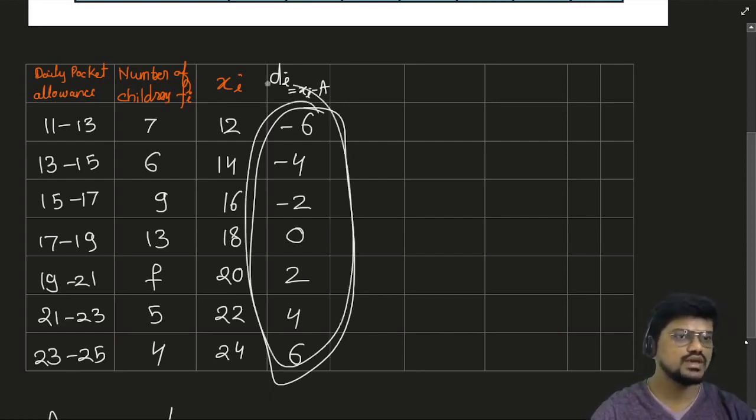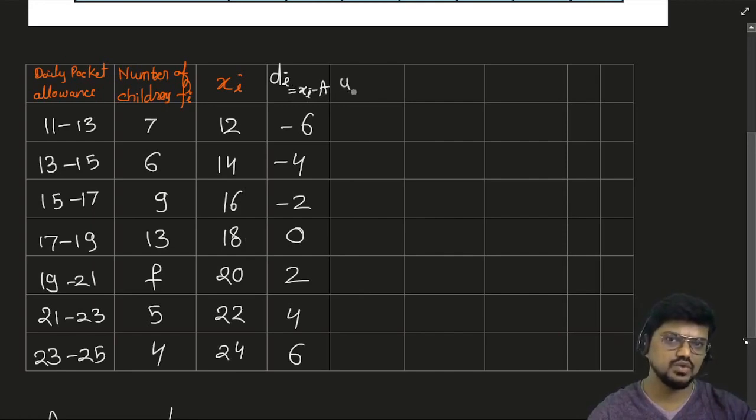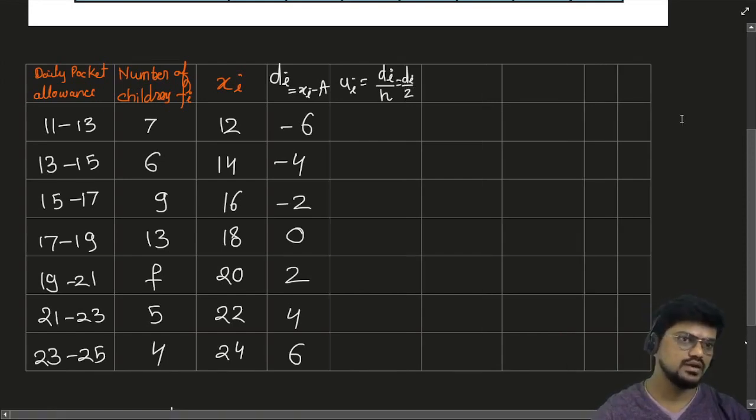So we can use the step deviation method in this. Now we'll be using step deviation. That is, we'll be finding ui also. That will be di divided by h. H is your class interval. The class interval is 2. From 11 to 13, you have 2 as the interval, right? So minus 6 divided by 2, that gives you your di divided by 2. You can lower down your hand once it's done.